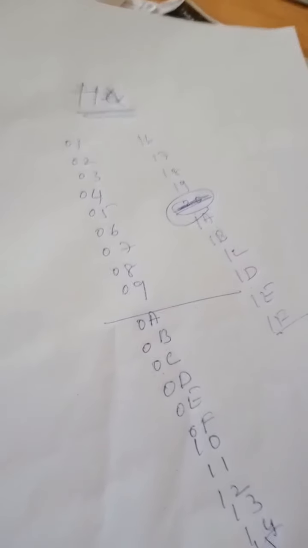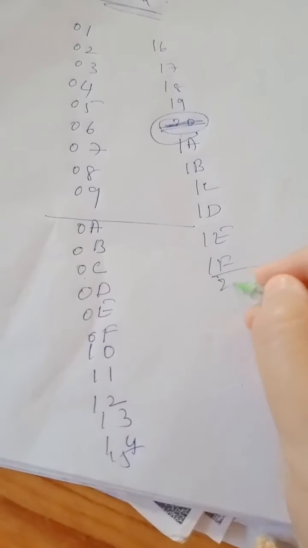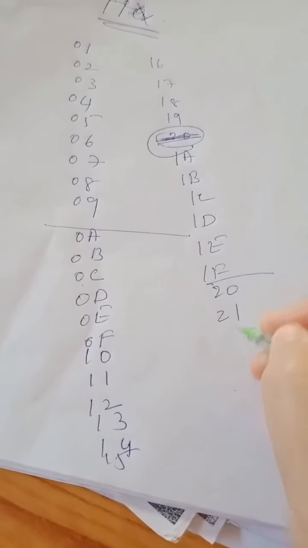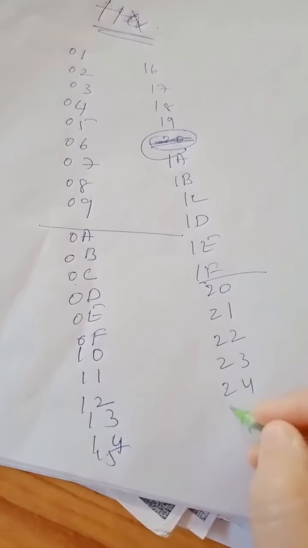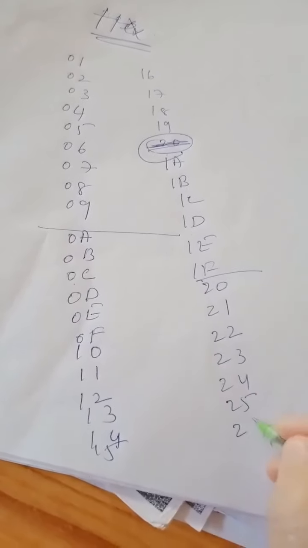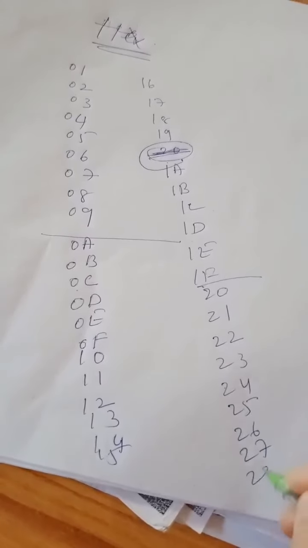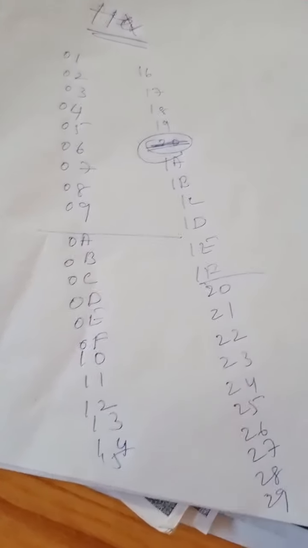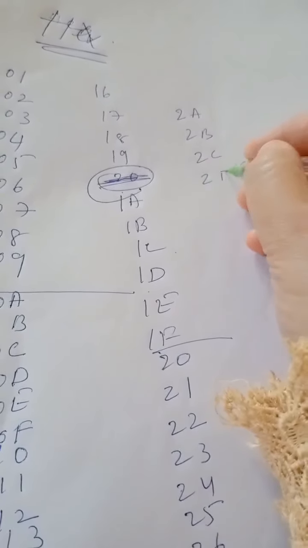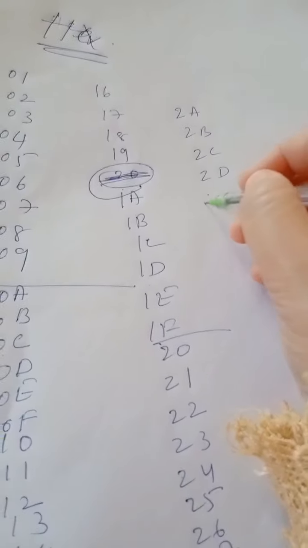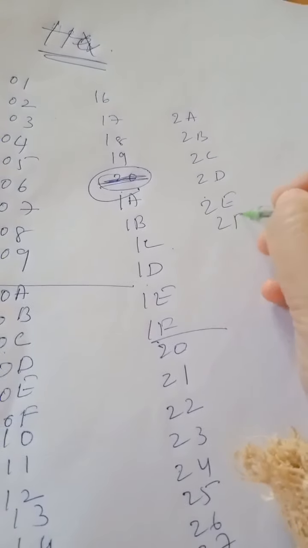This is your hexa numbers. Now you go from 20, 21, 22, 23, 24, 25, 26, 27, 28, 29. Instead of 30 you should write 2A, 2B, 2C, 2D, 2E, 2F.